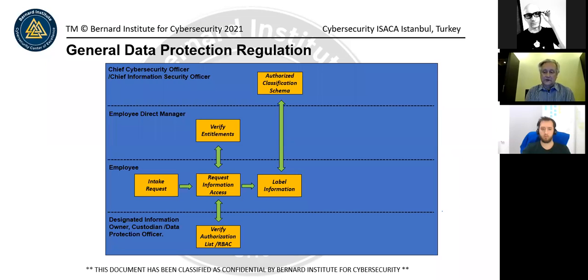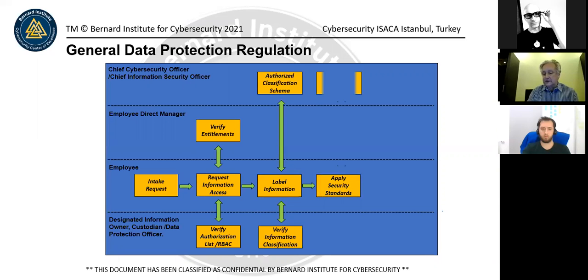Again, not all information is private. Some of it is confidential, some of it might be public, some of it might be even restricted. And the chief cybersecurity officer, the chief information officer, or maybe even the DPO should be the people who are looking at the schema and helping to define that policy and making sure that information is part of the training exercise. And of course, verifying information classification, again, with the DPO is important.